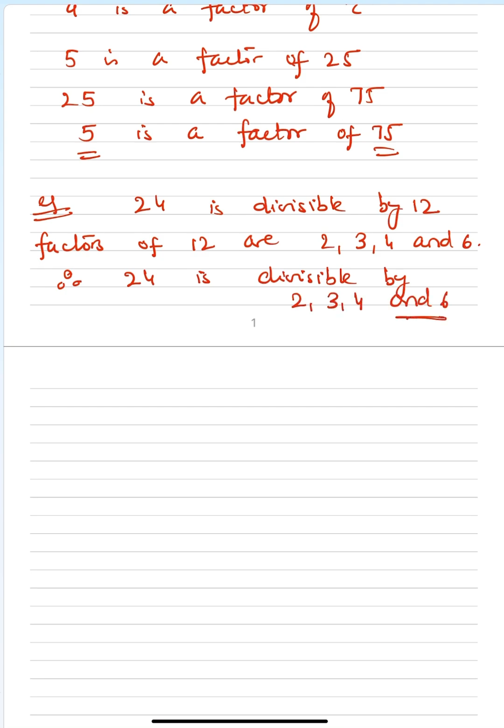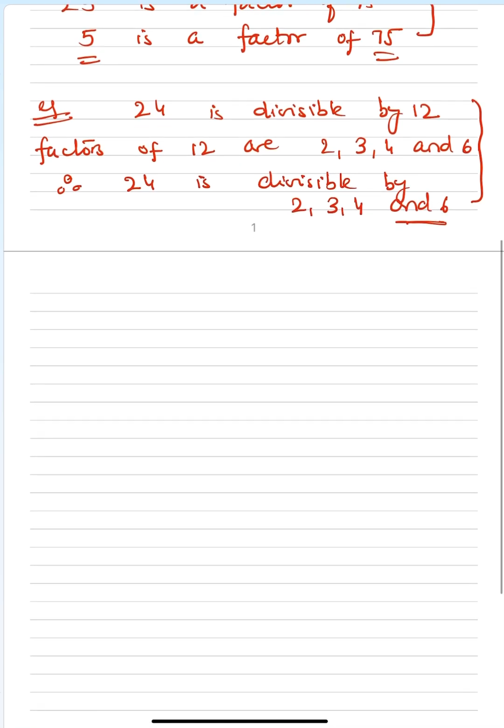This is what the statement tells us. Here I have written it in the factor form and here I have shown the divisibility. If 24 is divisible by 12 and 12 is divisible by 2, 3, 4 and 6, then 24 is also divisible by 2, 3, 4 and 6. This is what the first statement tells us: if a number is divisible by another number, then it is also divisible by its factors.